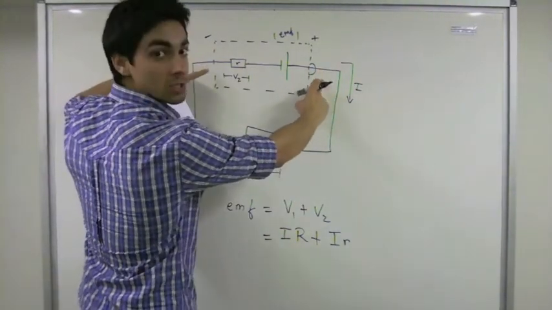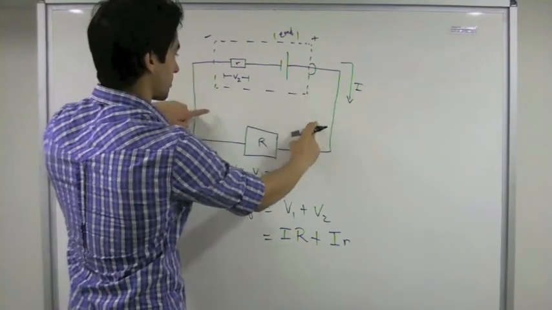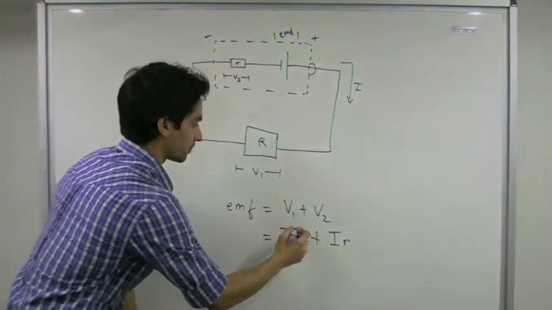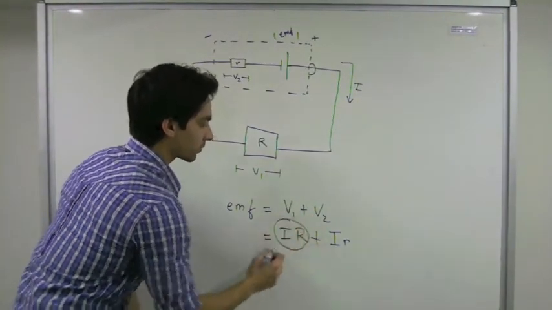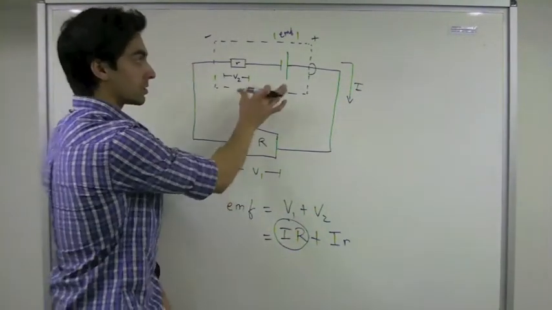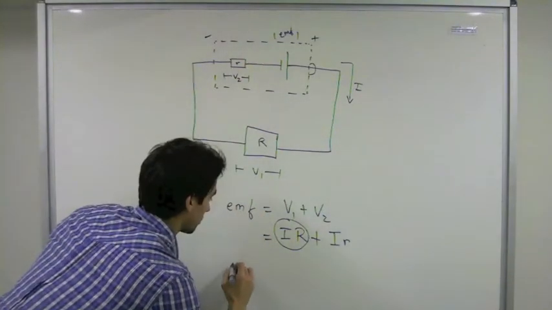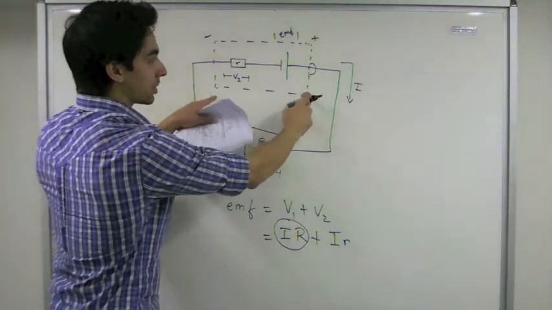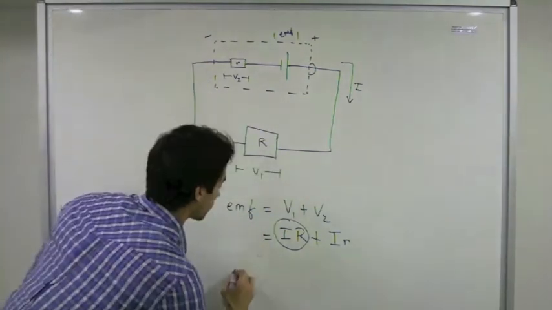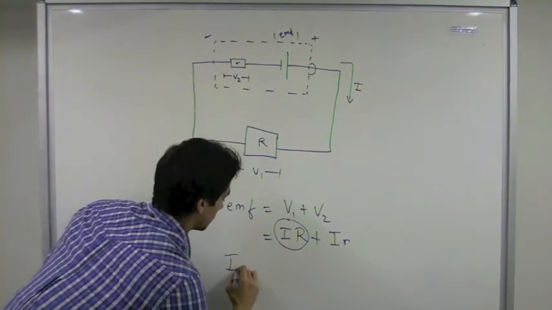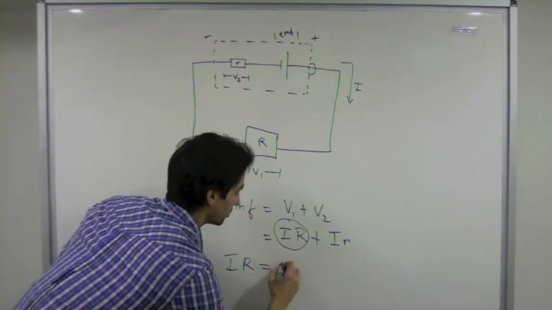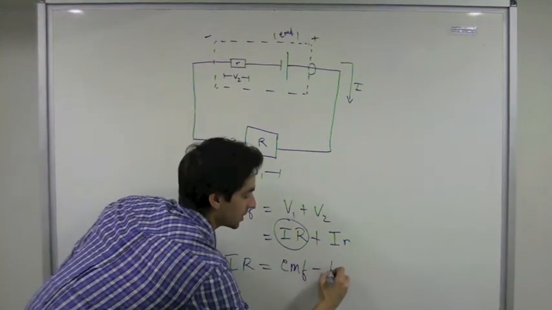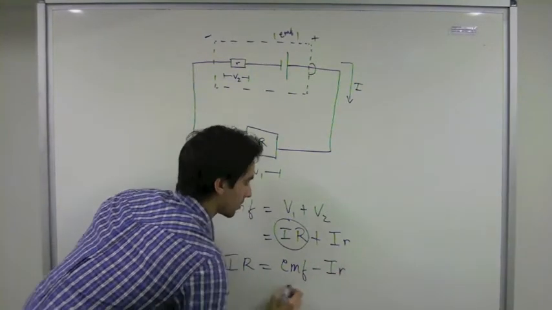This can be called the terminal potential difference or the terminal voltage. So IR will be equal to the EMF minus I small r.